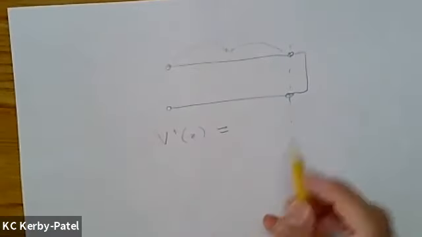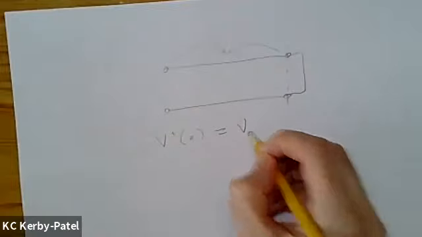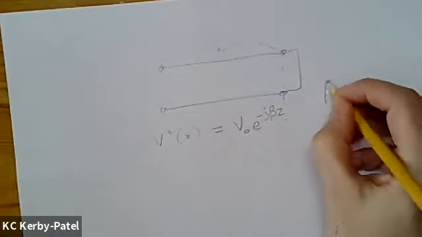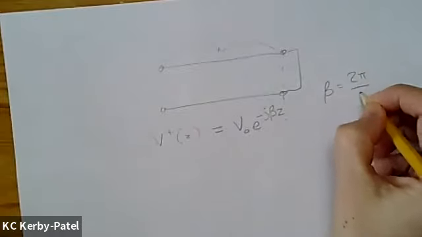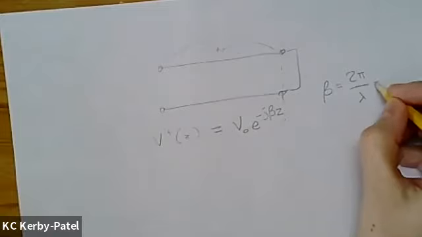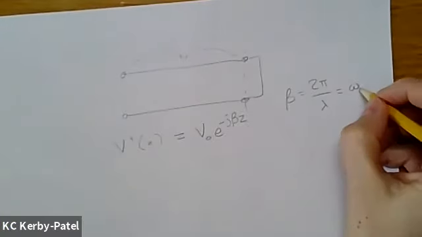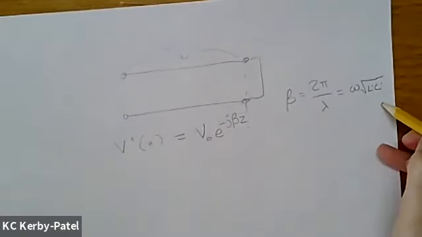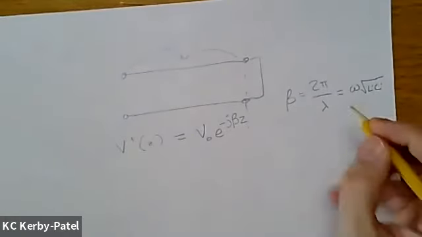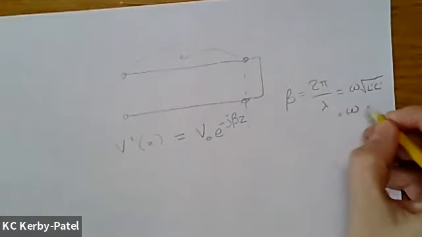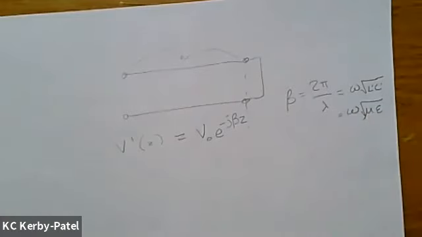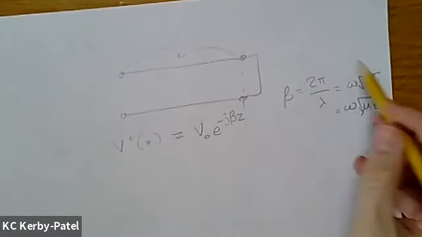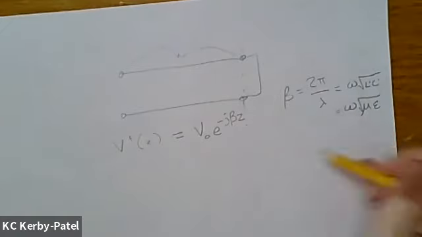So V plus as a function of Z is going to be some amplitude times e to the minus j beta z, where beta is 2 pi divided by the wavelength, or it is omega square root of L prime C prime, the per unit length inductance and capacitance, or it is omega square root of mu times epsilon, the material constants of the transmission line. All of these things are equal to each other, and this sets the behavior of the transmission line a bit.